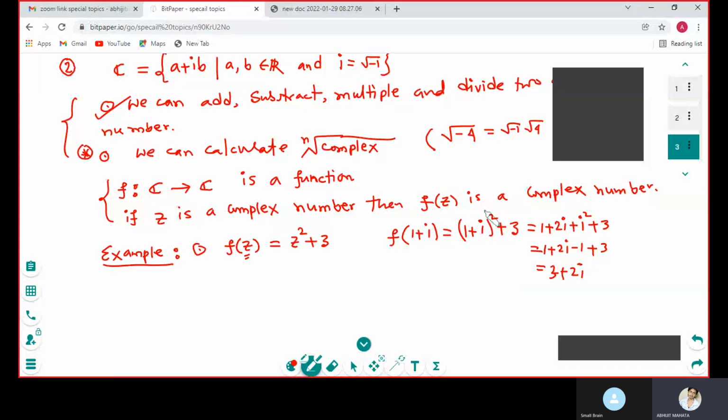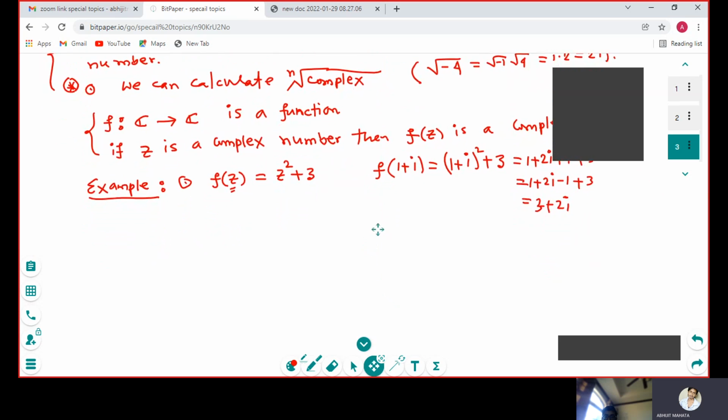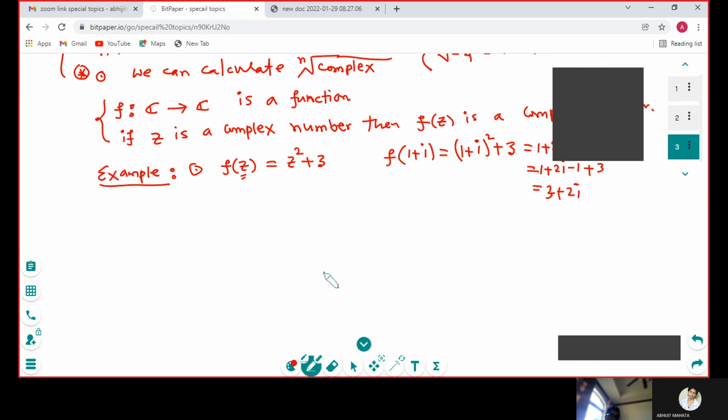Okay, so the complex valued function, the input variable is a complex number, so the output is also a complex number, right? Let me tell you a few things about this, because they cover a few parts of complex analysis.